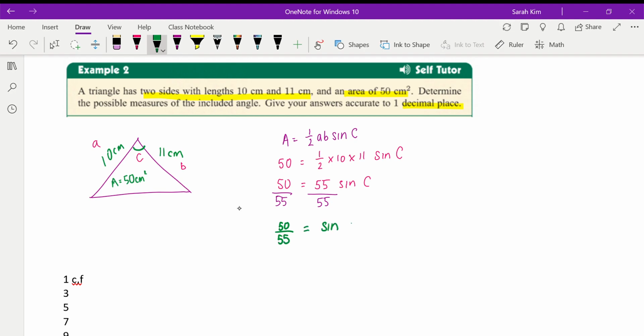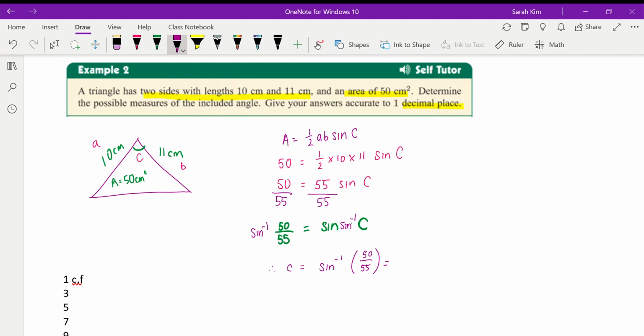And in order to get rid of sine, I just have to do the inverse of sine. So all I have to do to find C is sine inverse of 50 over 55, and let's see what that gives us. Make sure your calculator is in degrees because we're using degrees.